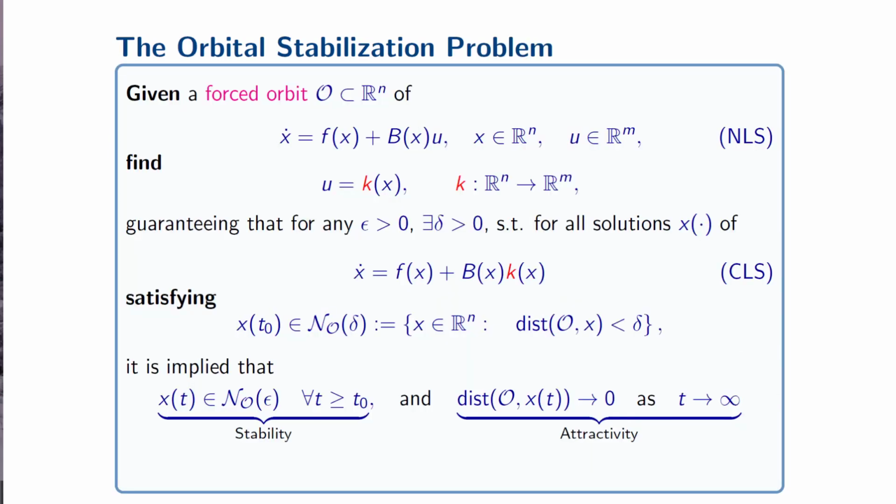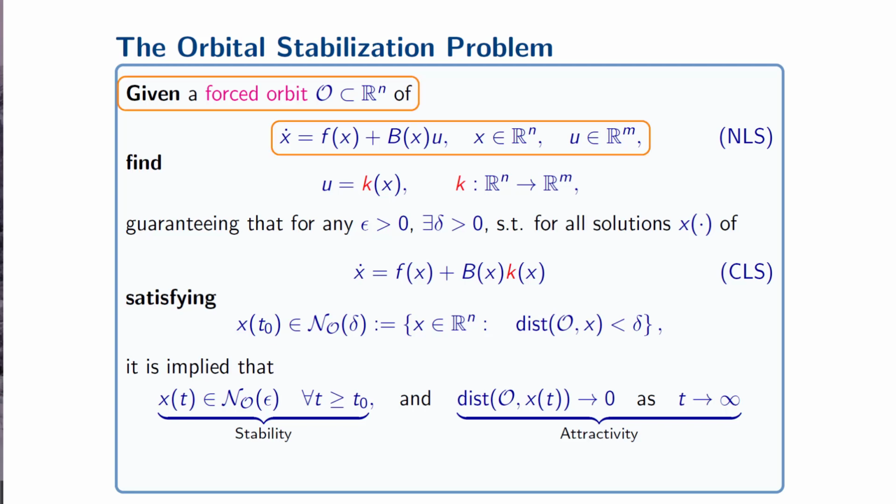Now, armed with this notion of an orbit of a time-invariant system, as well as the notion of orbital stability, we can state the so-called orbital stabilization problem. The objective in this problem is as follows.